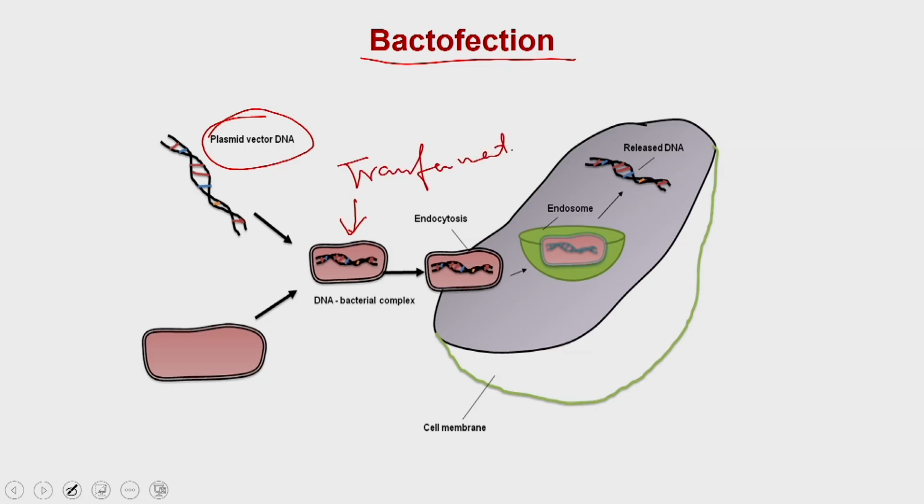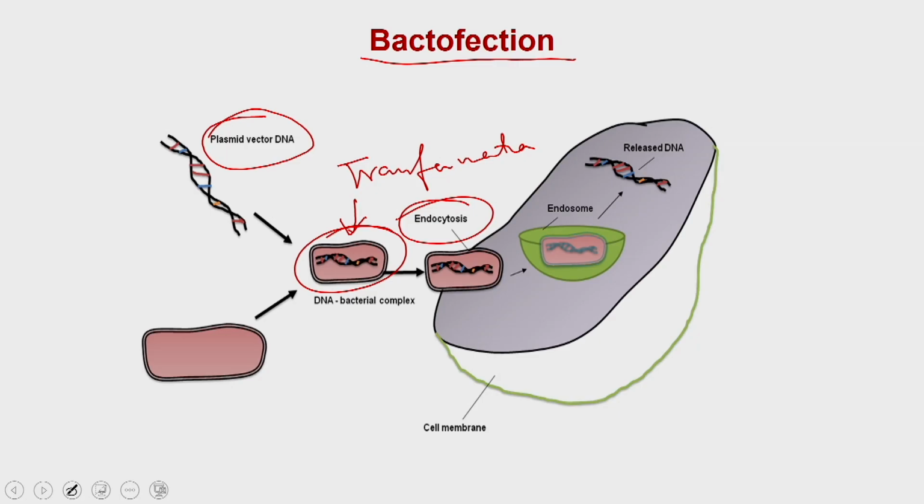So with the help of transformation, you first insert your recombinant DNA into the bacteria, and once this bacteria reaches the cell, it will be taken up by the process known as phagocytosis, and once it gets inside the cell, it will form the phagosome.